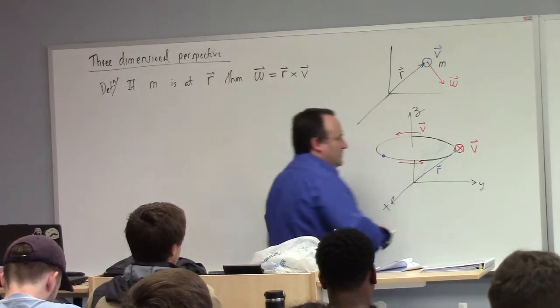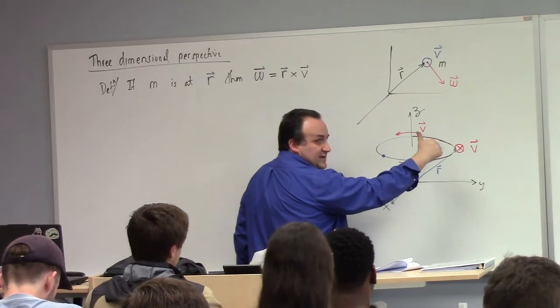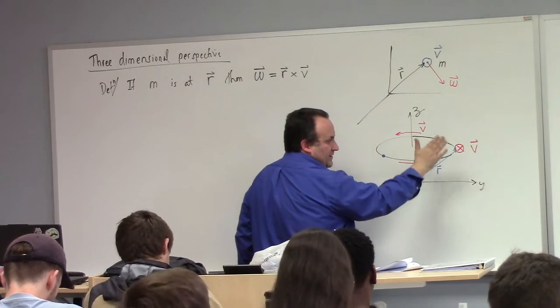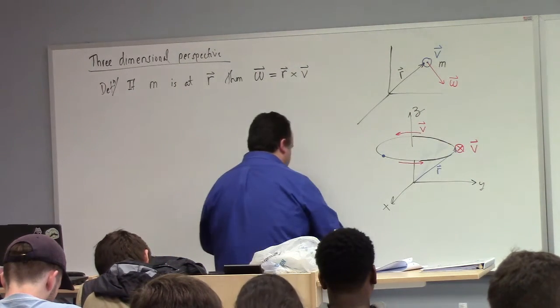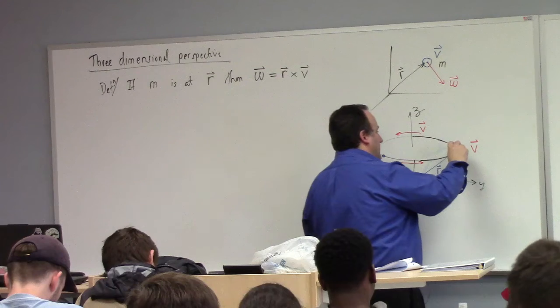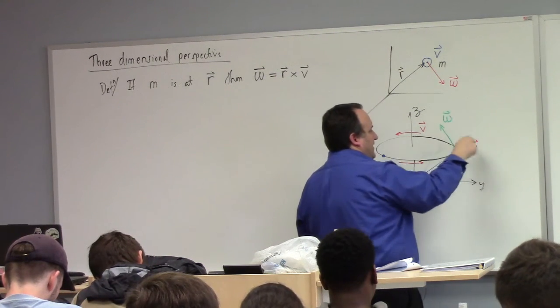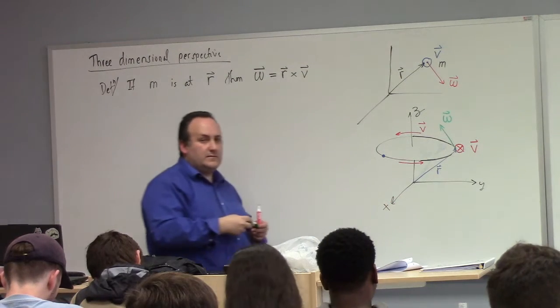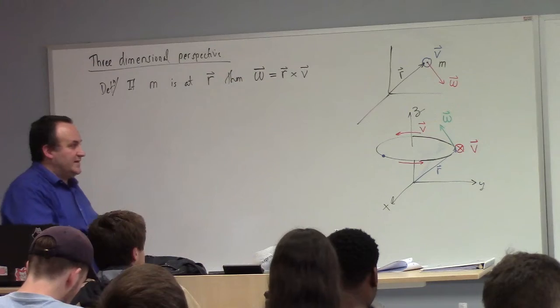There's your velocity. So I do R crossed into V, and so my angular velocity, something like this, should be perpendicular to both V and R, right? That's the cross product. It has to be perpendicular to both of the things you're crossing.